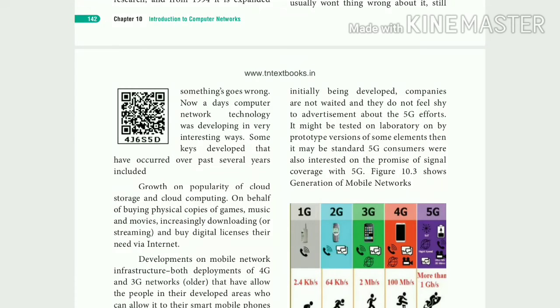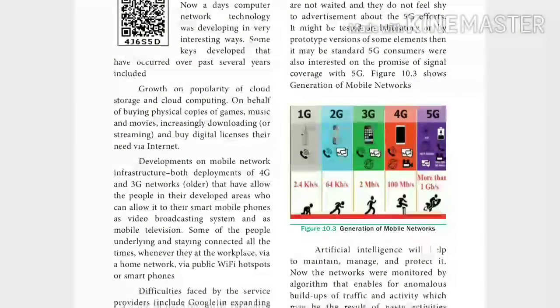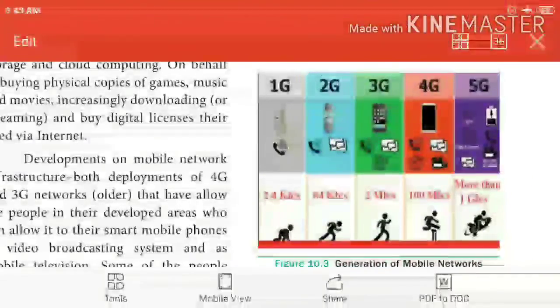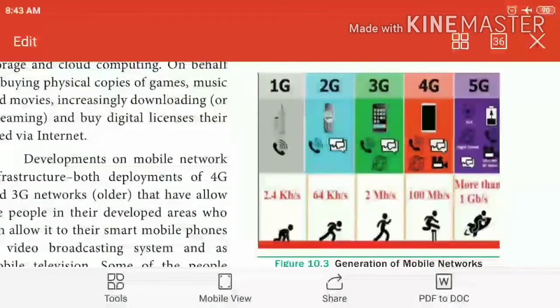So here you can see the generations of networks. First generation is 2.4 kilobits per second. Second generation is 64 kilobits per second. 3G allows 2 megabits per second. 4G can do up to 100 megabits per second. 5G gives 1 gigabit per second.